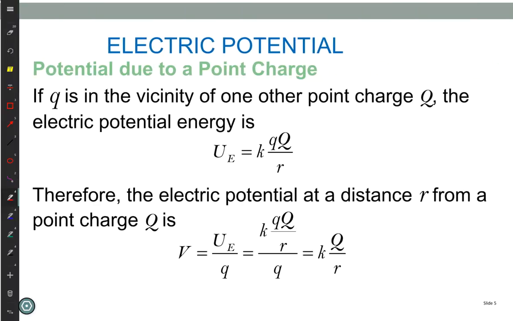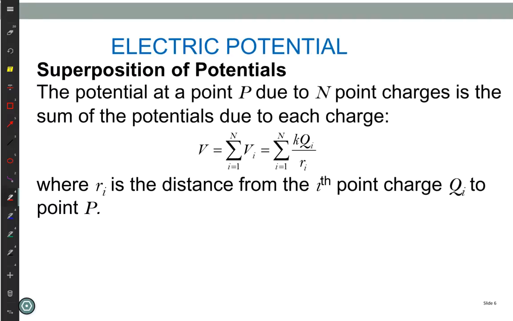Okay, I've already talked about this slide to death. This one here is pretty obvious. Voltage is a scalar value. How do you add scalar values? You just add them. There's nothing tricky about it. And so if you have two charges and you want to find the voltage somewhere due to those two charges, you just take the electric potential due to one plus the electric potential due to the other, add them up.